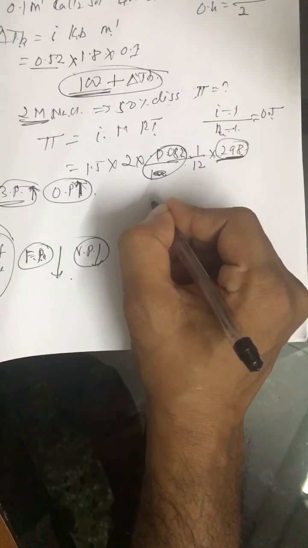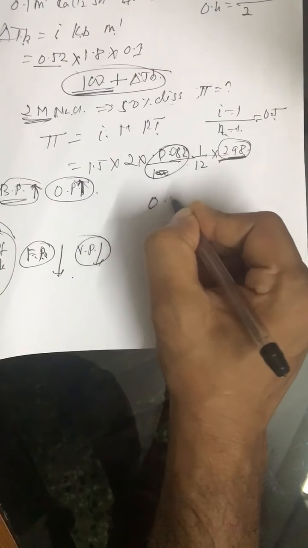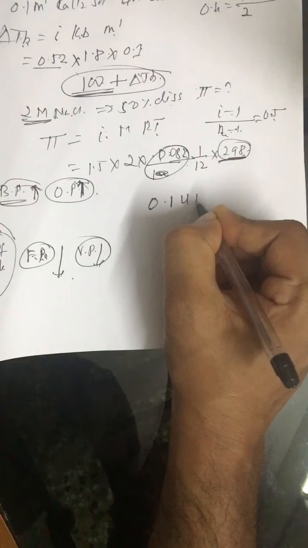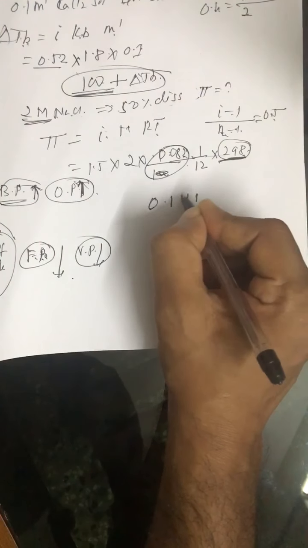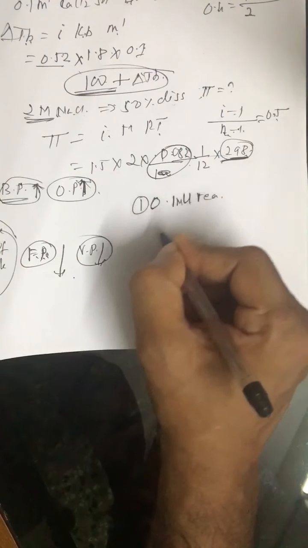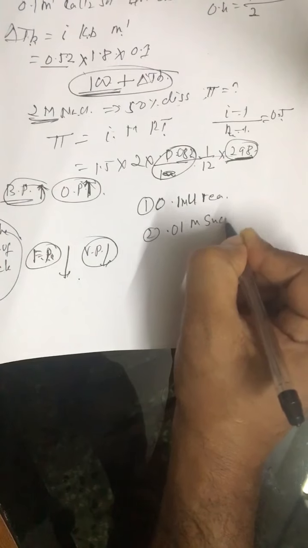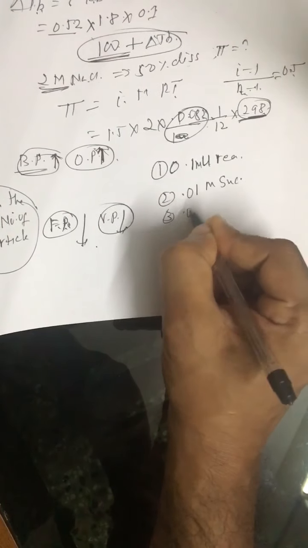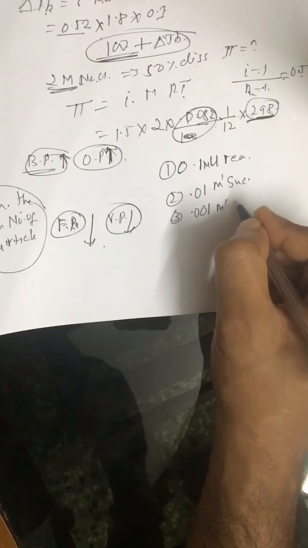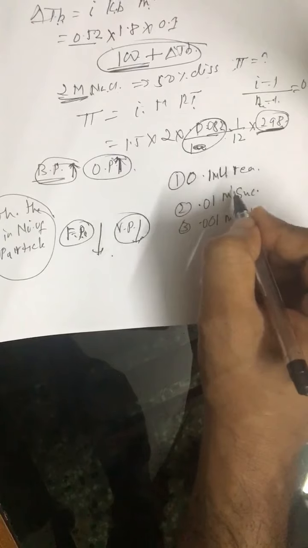Suppose options are given. Let us see the options. 0.1 molal urea solution, second, 0.01 molal sucrose solution, third, 0.001 molal glucose solution. The question is which one will show the highest boiling point.